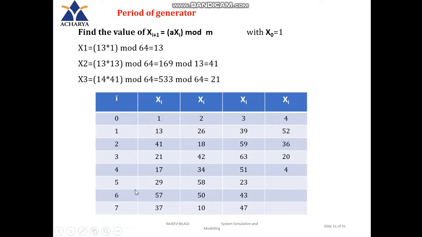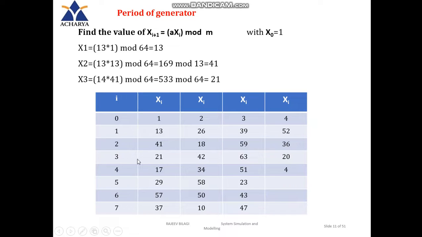If you look at this particular table, I have identified the values. So initially x naught equal to 1, 2, 3, 4. I have identified x1. So 13 into 1 mod 64 is 13. x2 equals 13 into 13, because previously we got 13, mod 64, we will get 41.